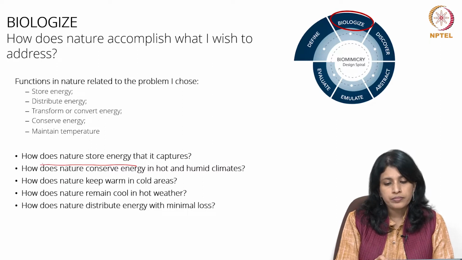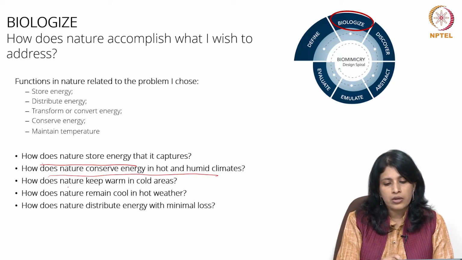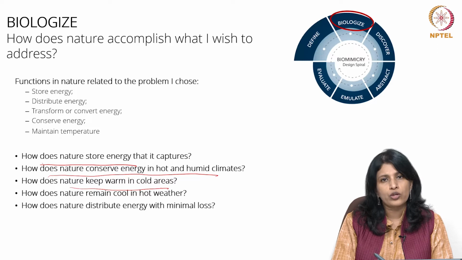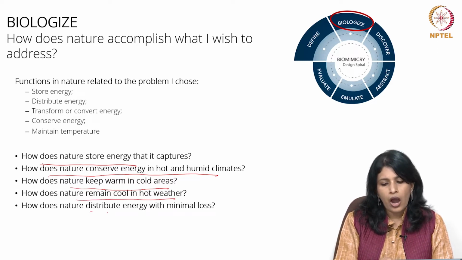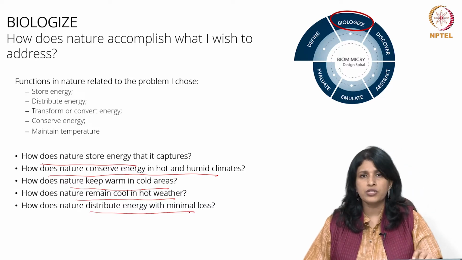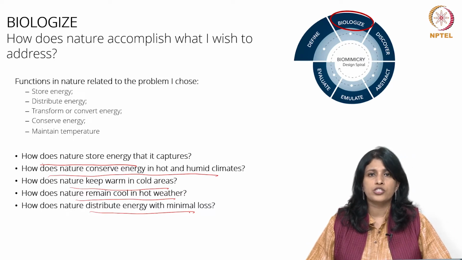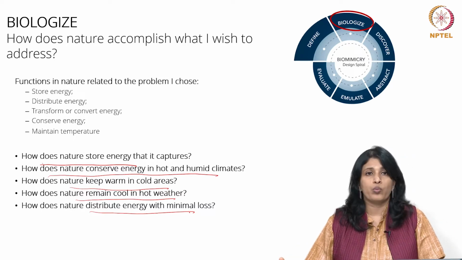How does nature store the energy that it captures? How does nature conserve energy in humid climates? How does nature keep warm in cool areas? How does nature keep cool in hot weather? How does nature distribute energy with minimum loss? So in each of these cases, remember your problem is there, but you're not going to ask how does nature do energy efficiency. That's not the way it works.